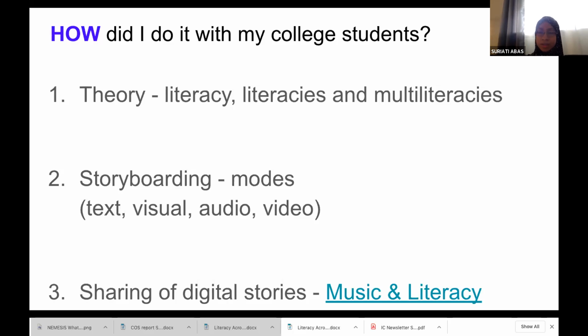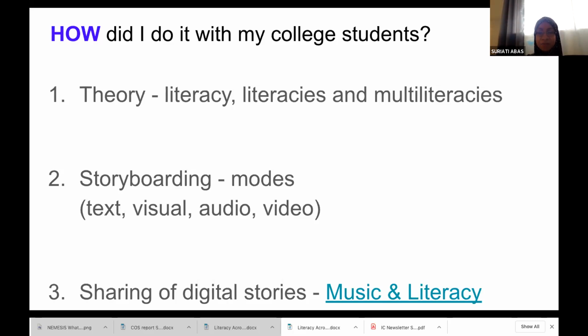Since the course I'm teaching looks at perspectives to literacy education, we started off the class with a basic understanding of literacy. Generally when we talk about literacy, everyone would say that literacy is reading and writing.